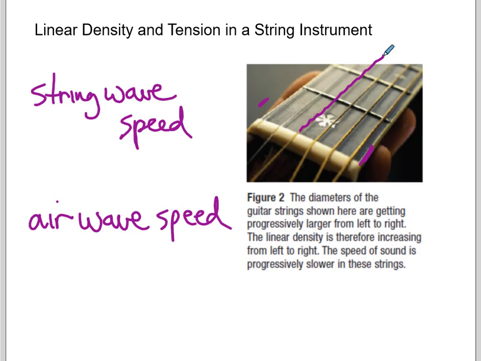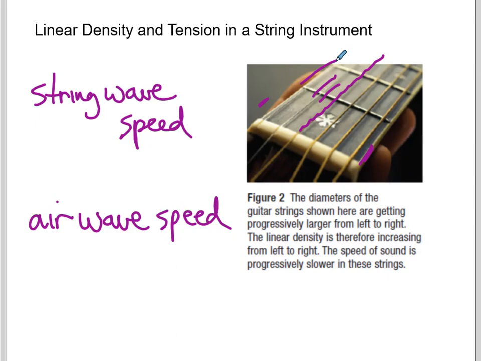Now that frequency will give a certain wave speed on that particular string. What you hear though, the frequency disturbs the air particles via the string and via the sound box, which is the big hollow piece on the guitar. It disturbs the air particles with the same frequency as the vibrating string, but because they're in two different mediums, they have two different speeds.